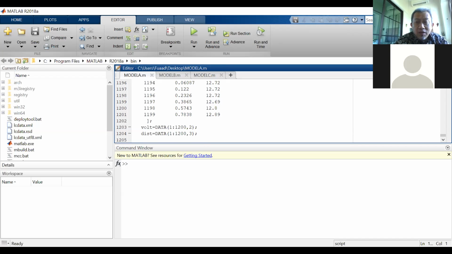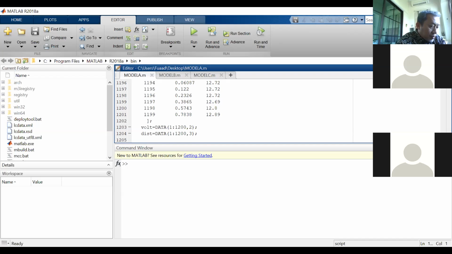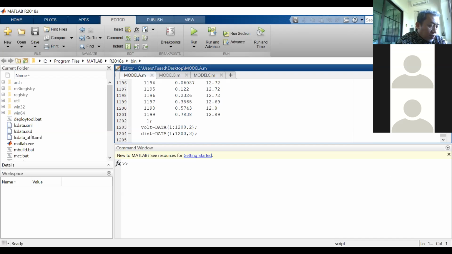Sampling 45 millisecond, data 1200. Period dia berapa? Multiply lah. 1200 darab 0.045 kan? 54 saat, dalam 1 minit lah. Betul tak?